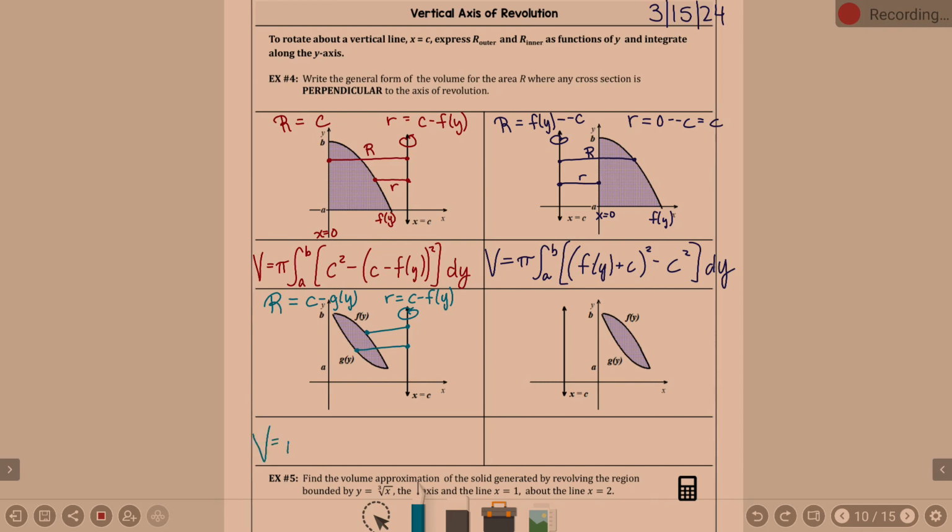So V equals pi times the integral from a to b of c minus g of y squared minus c minus f of y squared.